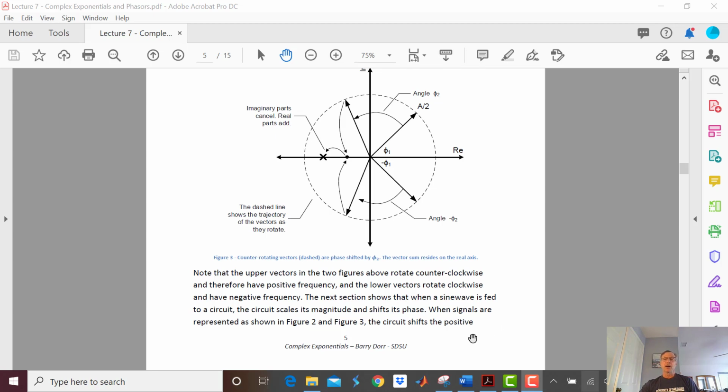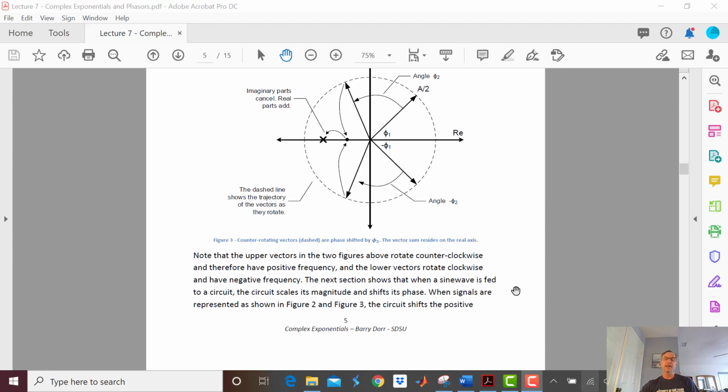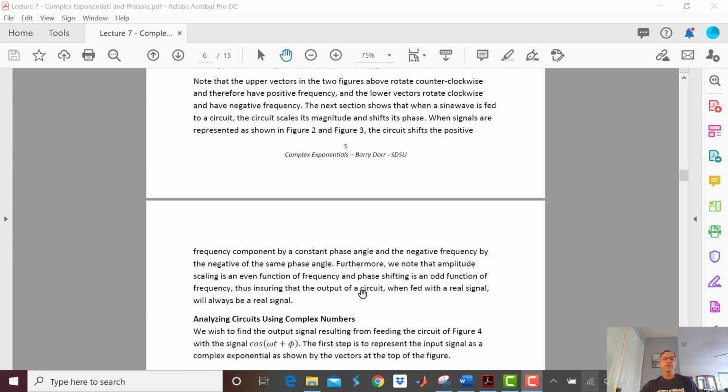When signals are represented as shown in figure 2 and figure 3, the circuit will shift the positive frequency component by a constant phase angle and the negative frequency by the negative of the same phase angle. We also note that the amplitude scaling is an even function of frequency, and the phase shifting is an odd function of frequency. That ensures that the output of a circuit when fed with a real signal will always be a real signal.